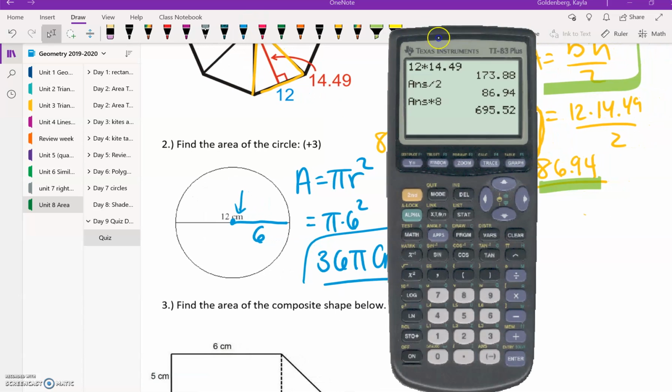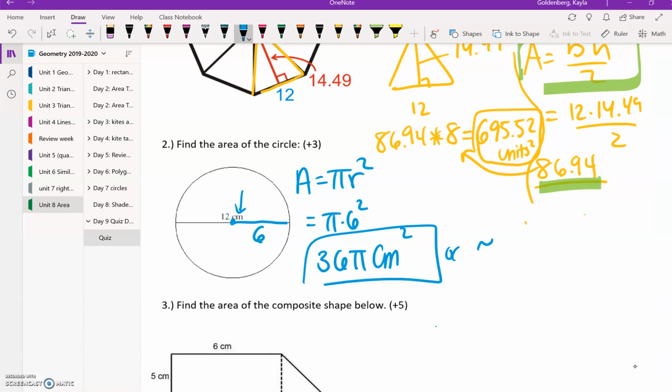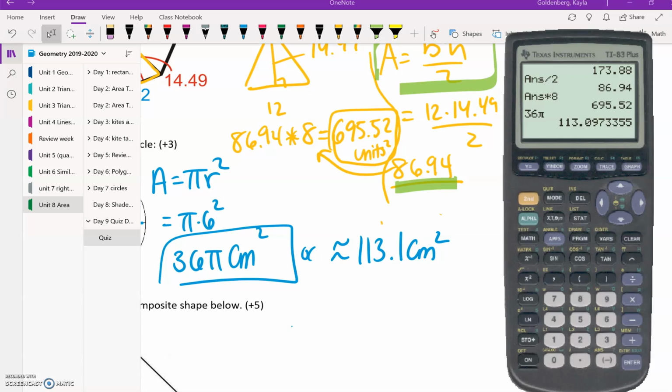If you wanted to find the decimal approximation, you would do 36 second, the little caret to get pi. I'll say maybe 113.1. 113.1 centimeters squared. And just like an interesting thing to point out, I'm using the pi button there.